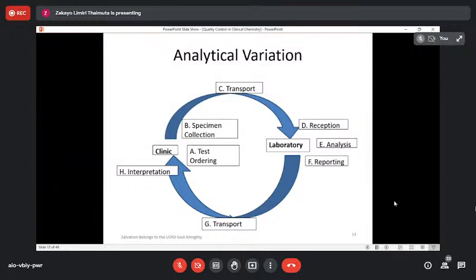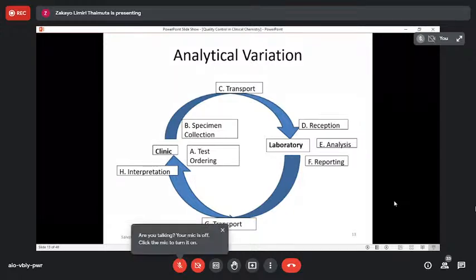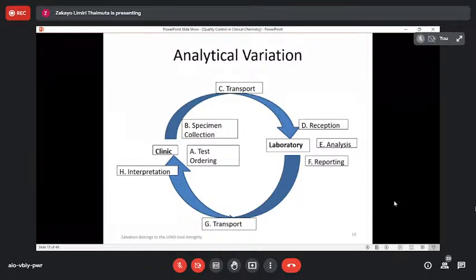If you are still following on my chart, with reporting, you'll think of errors like omission of reference ranges. Every test should have its reference ranges. You could also have illegible handwriting. Transcription error is prevalent here.